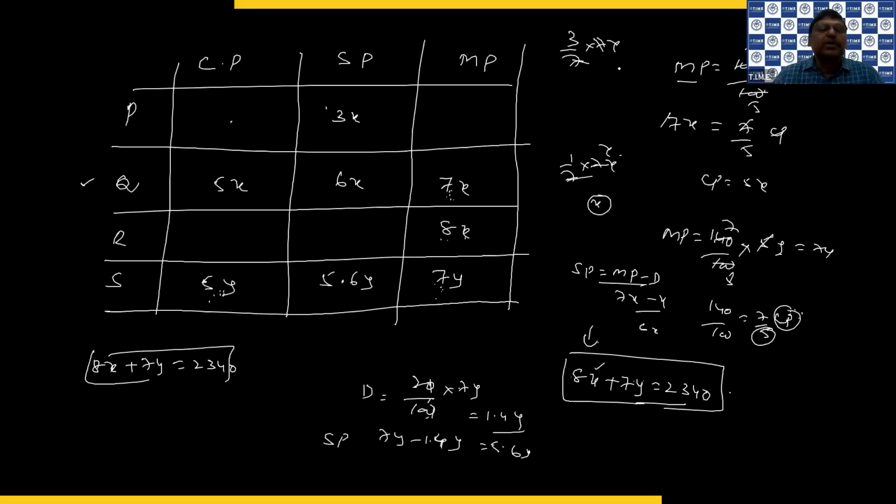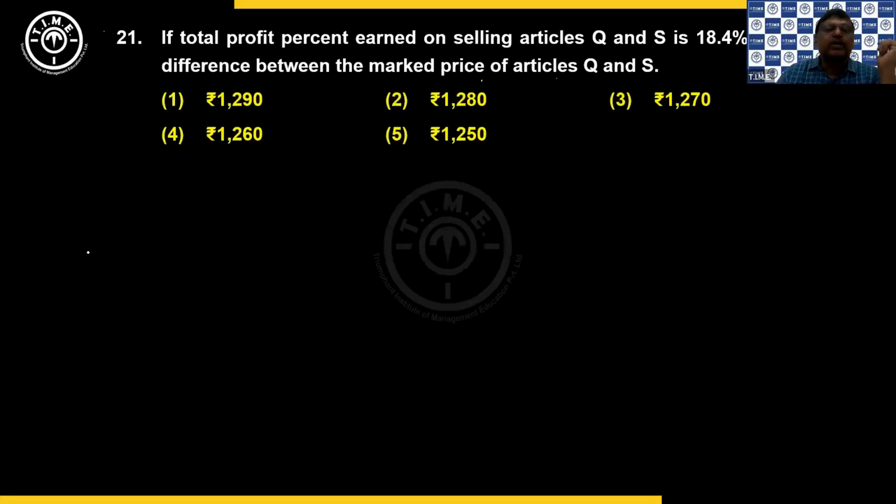So friends, how much profit are you earning on Q? See, students, if you look at the total cost price, please understand, total cost price of Q and S is 5x plus 5y, that is 5 times of x plus y.